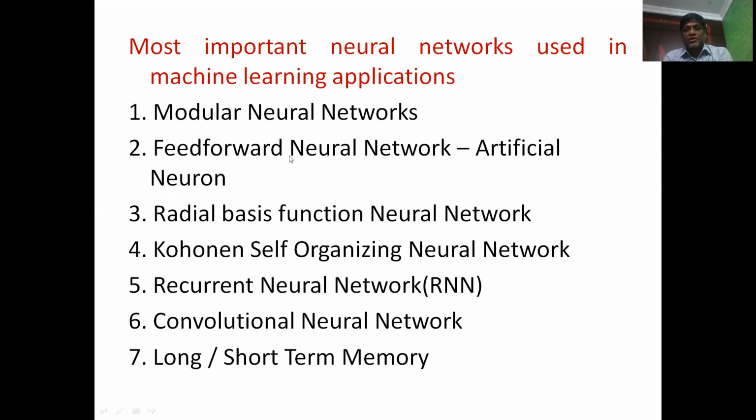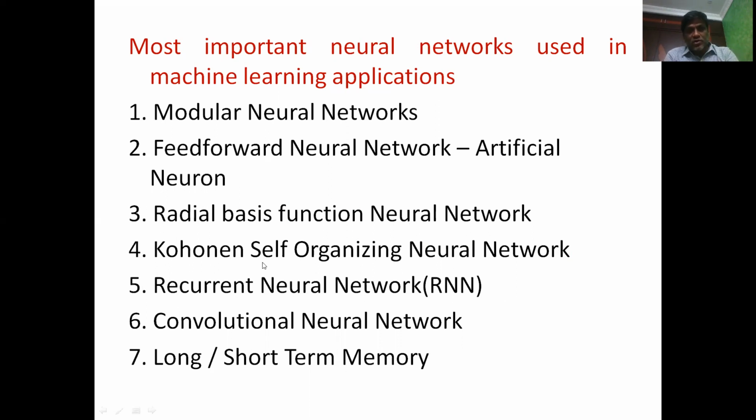Out of these important neural networks, we don't have modular neural networks in our syllabus. Second category, feed-forward neural network, is available in our syllabus. We'll learn the design of feed-forward neural network in third unit. Radial basis function neural networks are also there in our syllabus. We'll learn about them in our fourth unit.